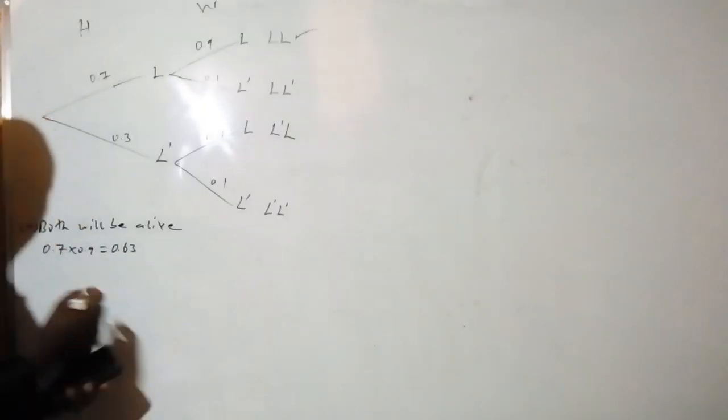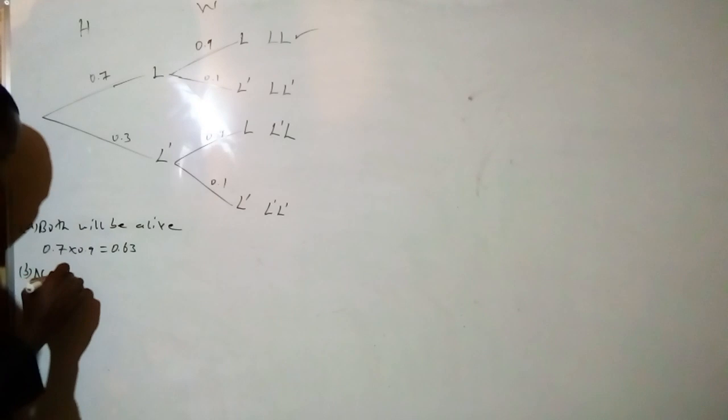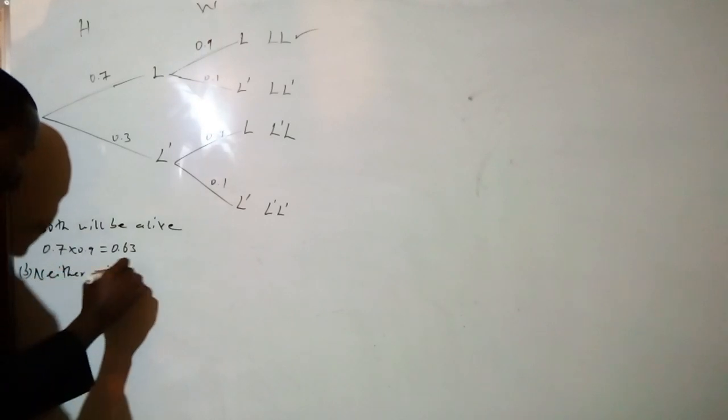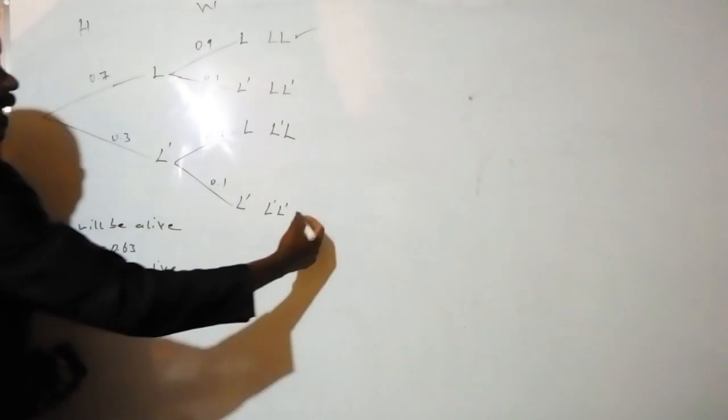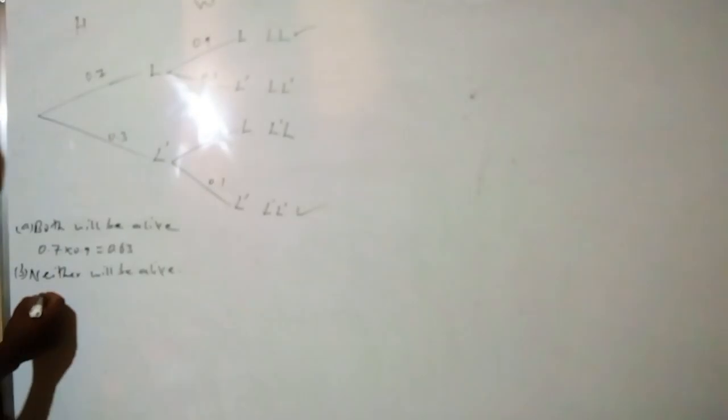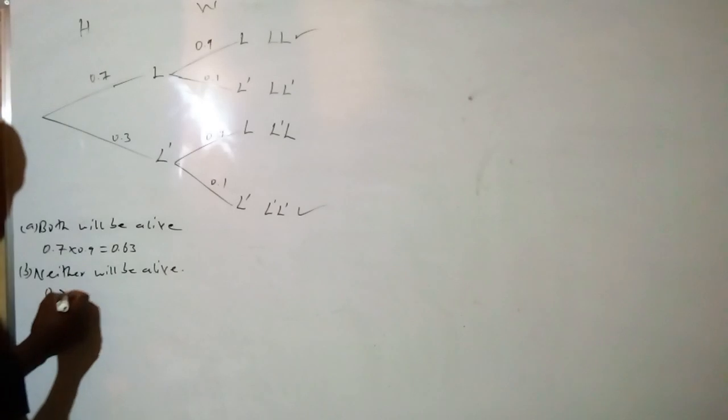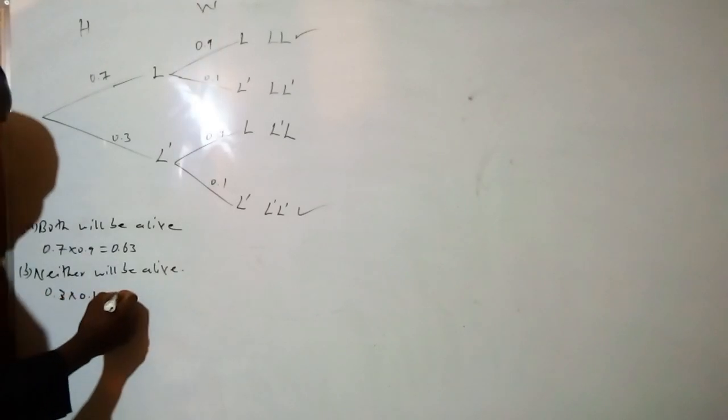B, neither will be alive, so none will be alive. It's supposed to be this, 0.3 times 0.1, and this is 0.03.